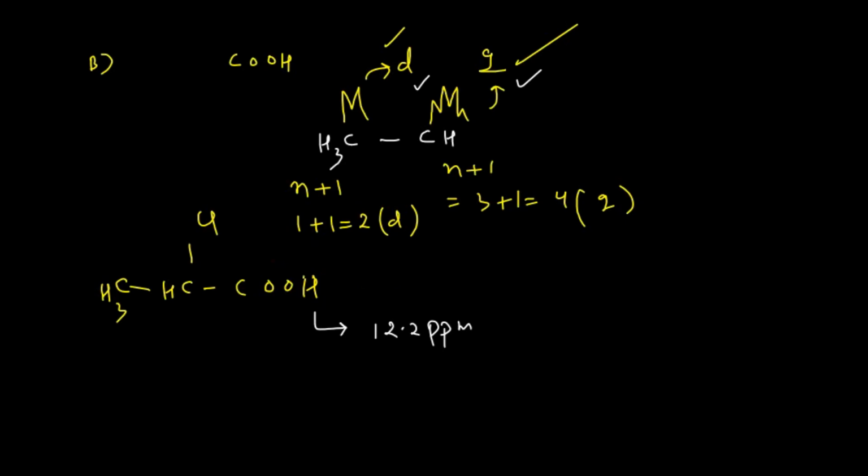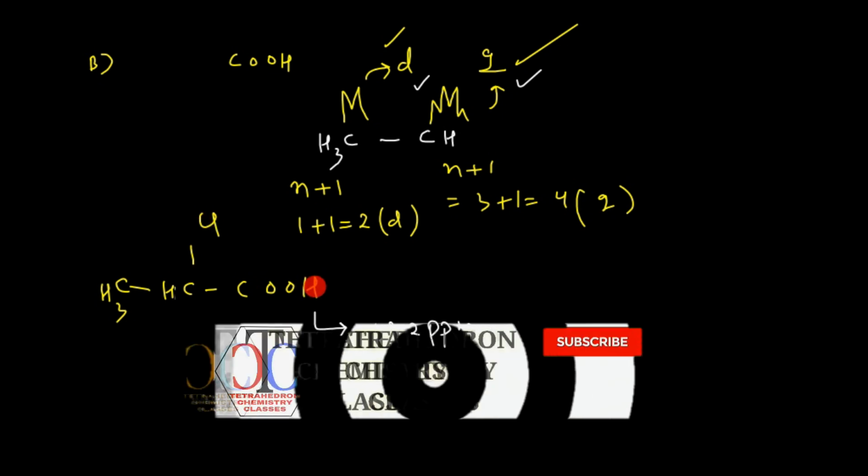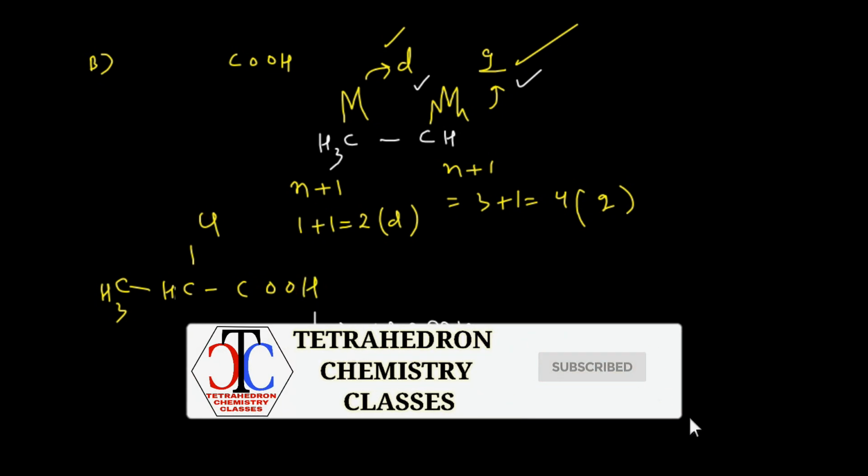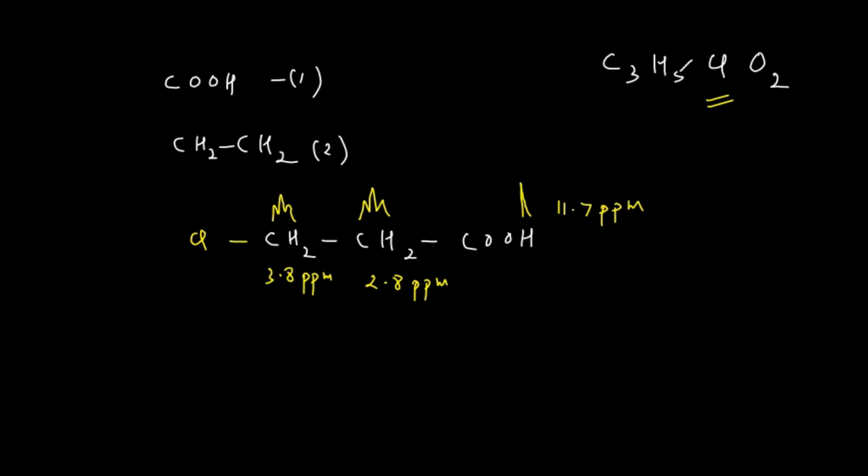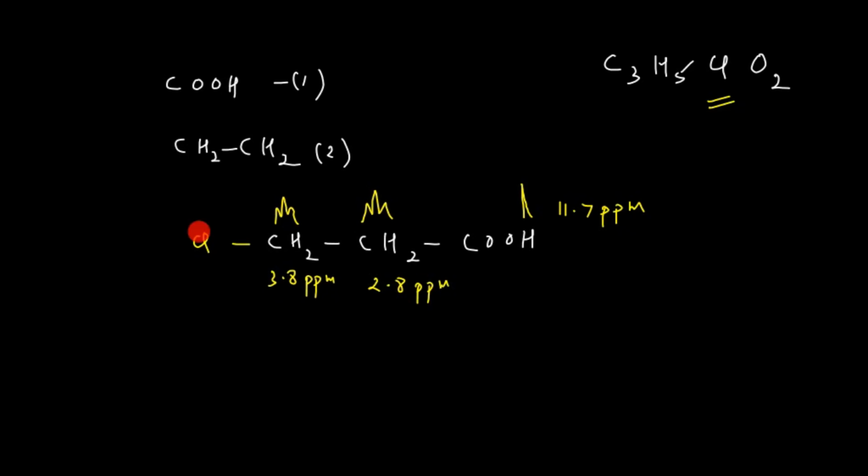This hydrogen is connected with the carbon which is having the chlorine. So this chlorine will also de-shield this particular hydrogen, and due to the de-shielding, it will appear a little more downfield at 12.2 ppm, while in the earlier case, the chlorine is on the second carbon. It is far away from this particular hydrogen, so the de-shielding effect is low. That's why it was appearing at 11.7 ppm.